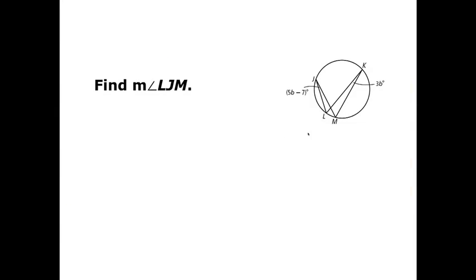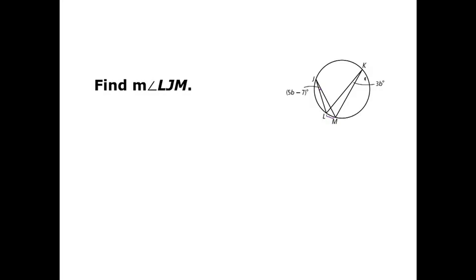So here's an example. We're asked to find the measure of LJM. So let's make sure we understand what we're asking for here. That's this angle right here that I'm marking in purple. LJM, that little tiny angle. Well, what I should notice is that LJM, when I look at the sides of it, JL and JM, they come together to intercept arc LM.